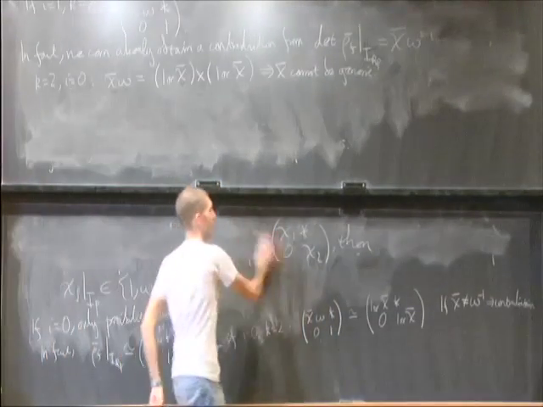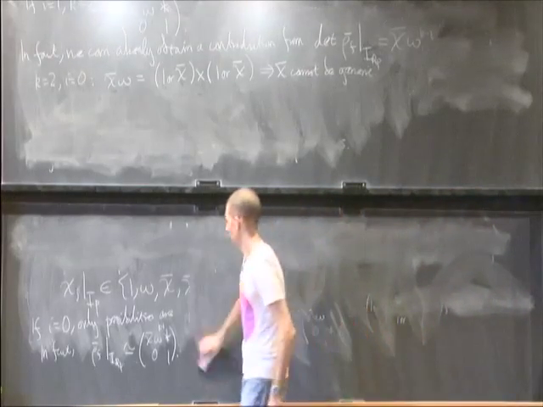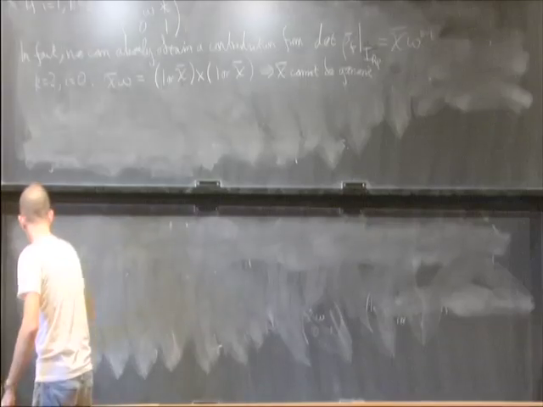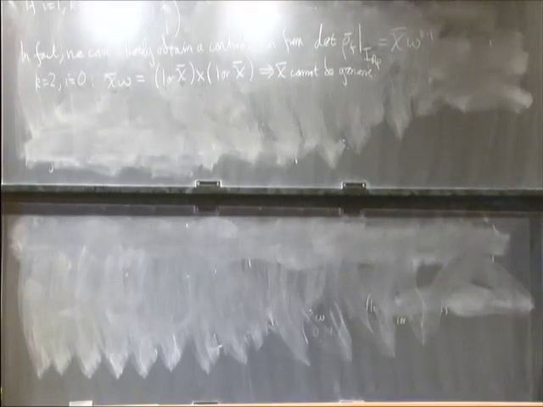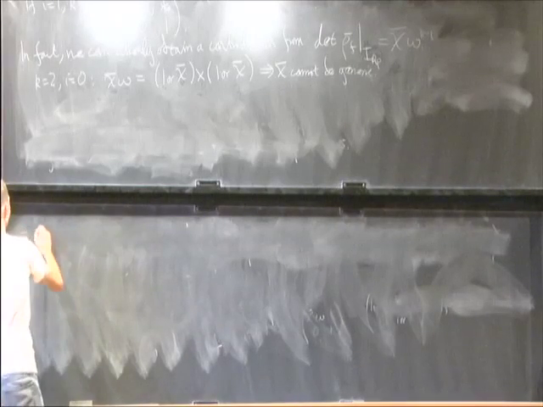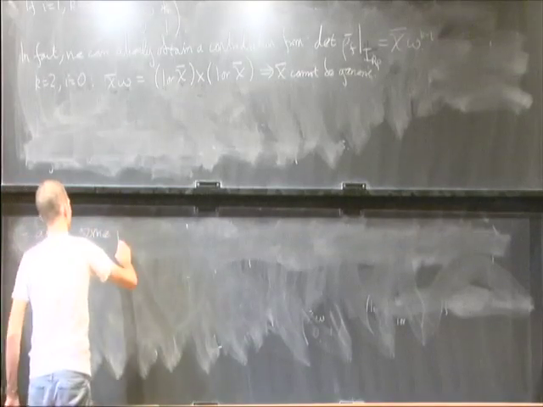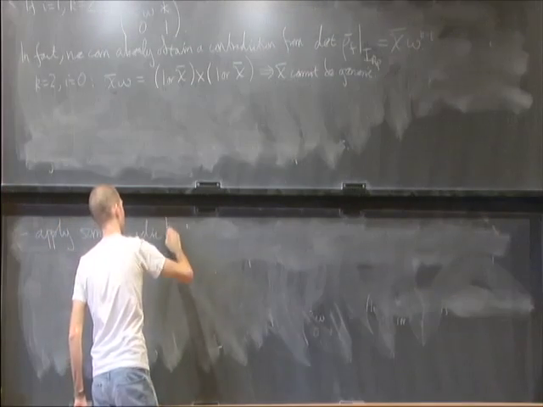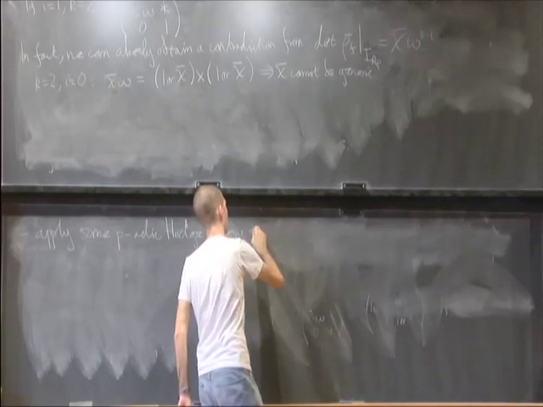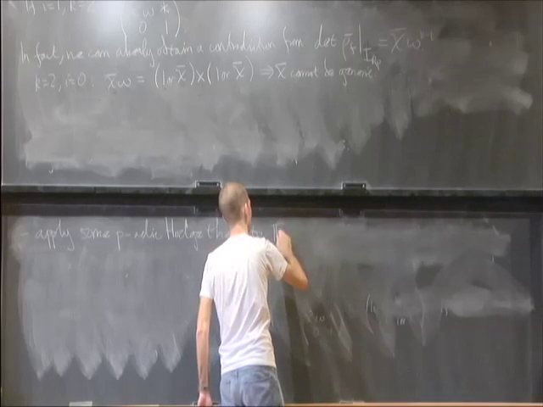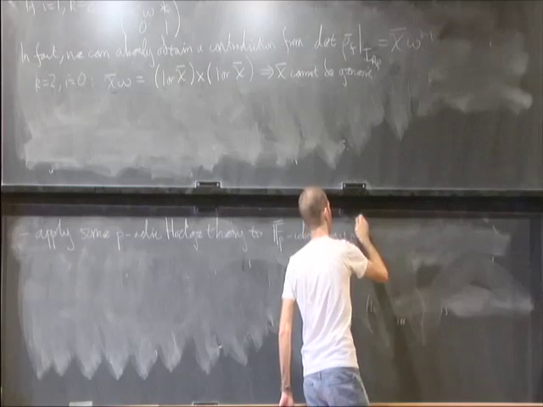So yeah, what ingredients did I use in this slightly mysterious proof that there wasn't much going on in H0 of a modular curve? Well, let me make sure I don't miss any out. So we applied some p-adic Hodge theory to the F_p bar cohomology of a Shimura variety.